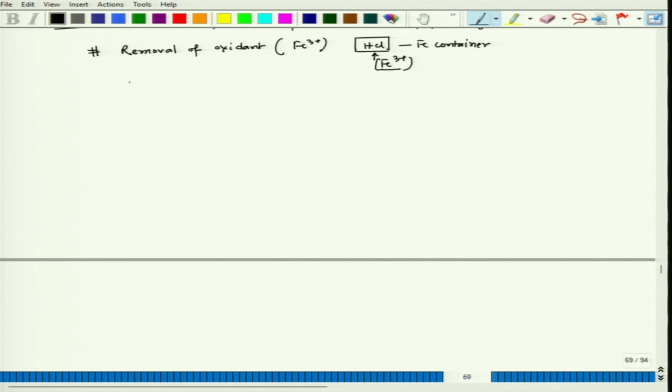So, now we can draw a plot between log I and potential, and we know that if it is dilute HCl, iron does not go to passivity, and let us say this is deaerated HCl.